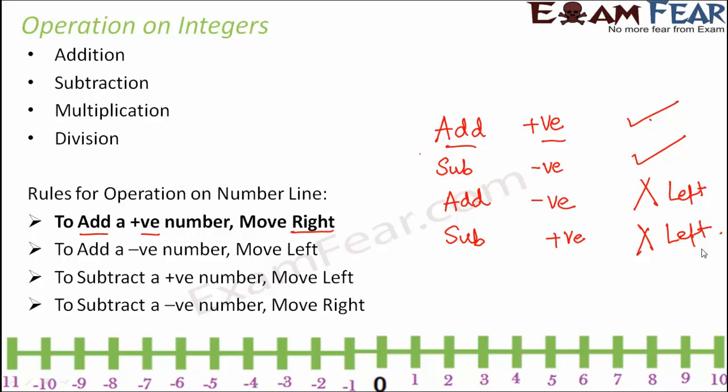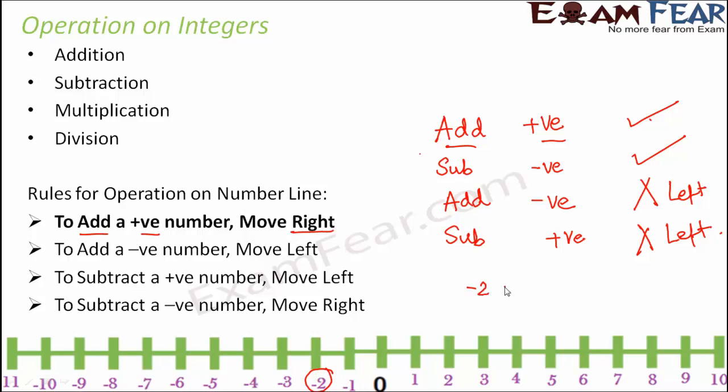Now you must be wondering, okay, with this right and left, how am I going to add integers? Now let me give you a very simple and small example here, just to illustrate how these rules apply. Let's say that you have an integer, say -2. So -2 is your given integer and you are trying to add a positive number to it.